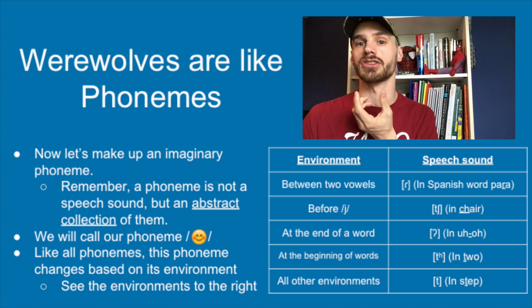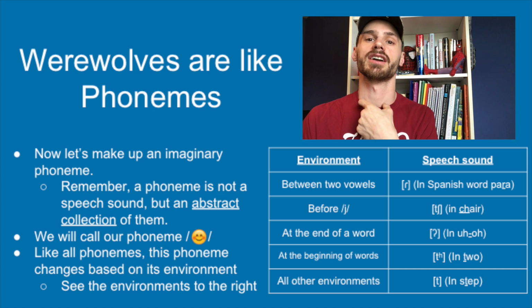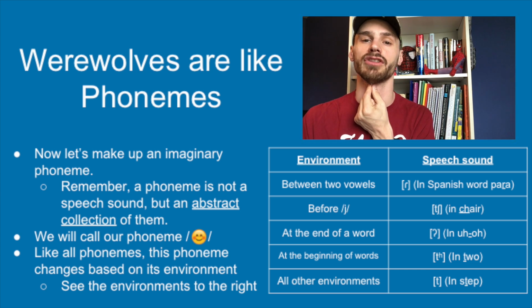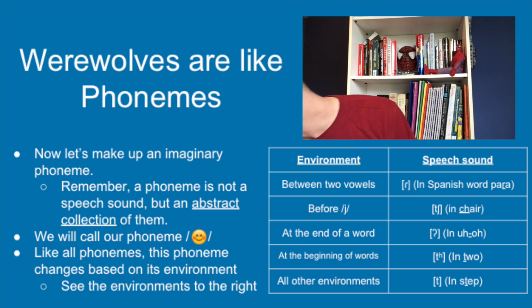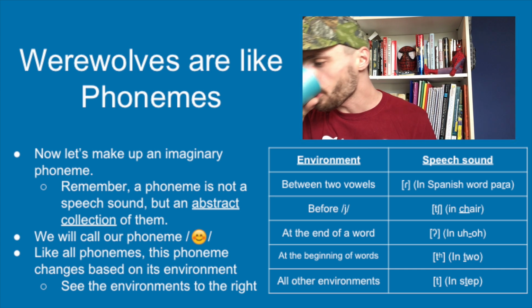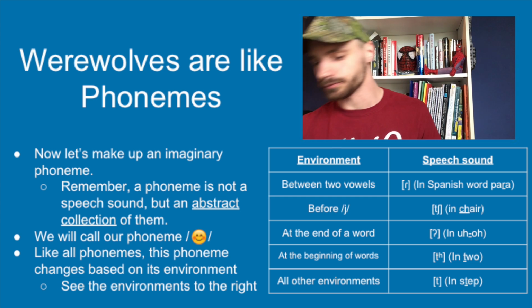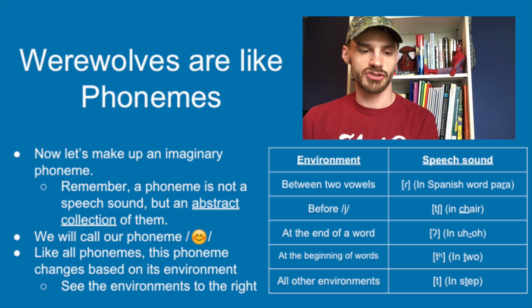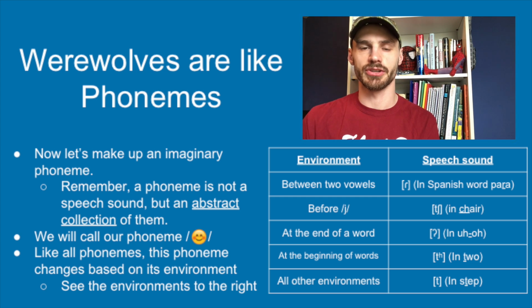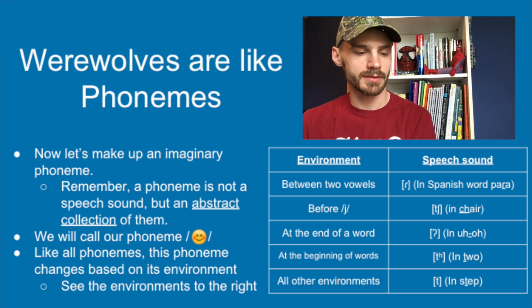It's called the glottal stop because you're completely cutting off the airflow at your glottis. So that's the sound that this is going to turn into when it's at the end of a word.